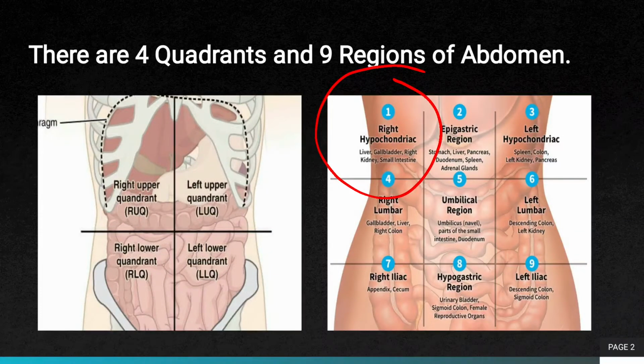This name lumbar is given because the lumbar vertebra is there in that part of the spinal cord. Umbilical region, which has the umbilicus, right iliac, left iliac. This name is given because of the iliac fossa. And hypogastric region, which is below the gaster, which means stomach.